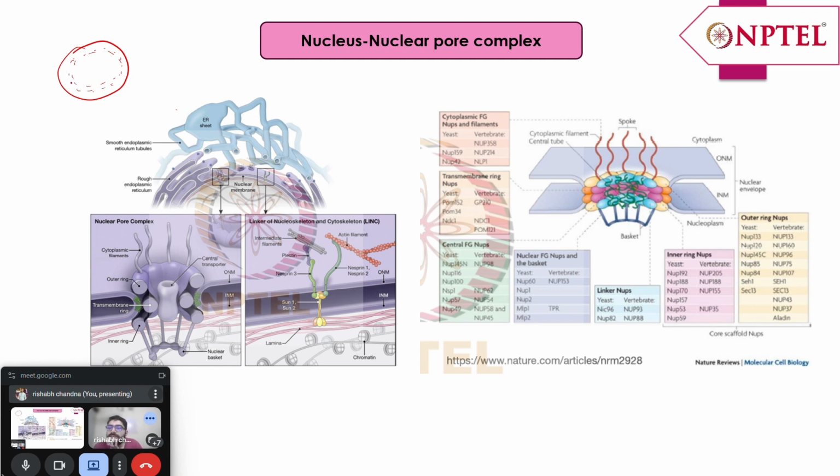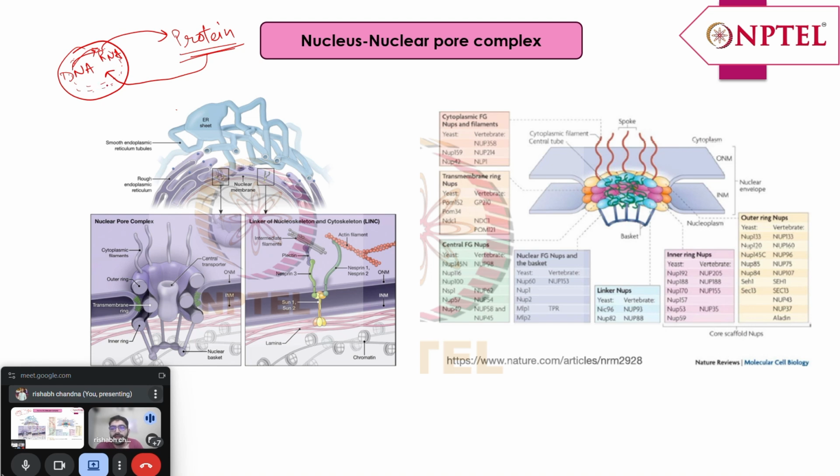As you can see here, the DNA is present in the nucleus, the RNA is produced in the nucleus, and then it is transported out to where the protein synthesis takes place. All these functions take place with the help of proteins, and these proteins are produced in the cytoplasm. So they need to get entry into the nucleus.